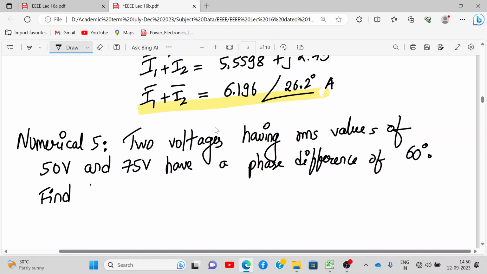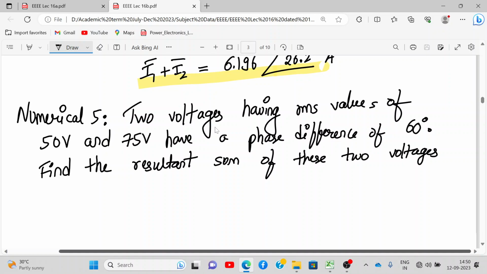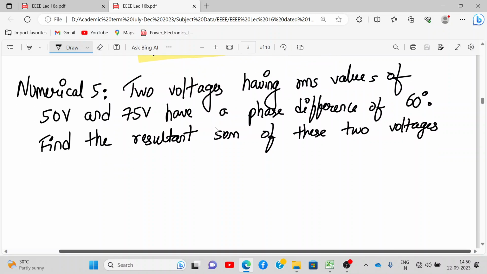Find the resultant sum of these two voltages. Find the resultant sum of these two voltages.